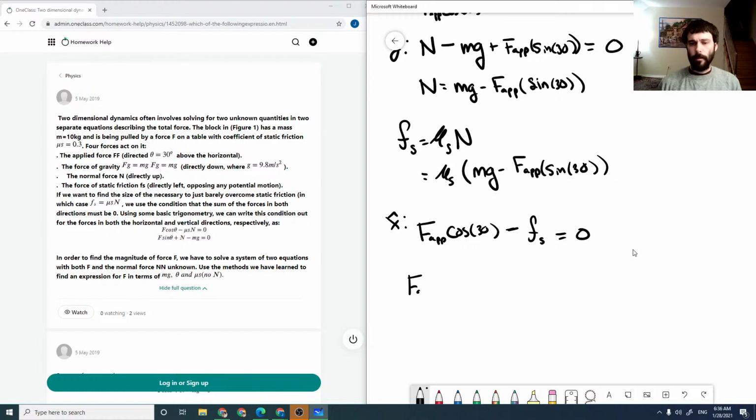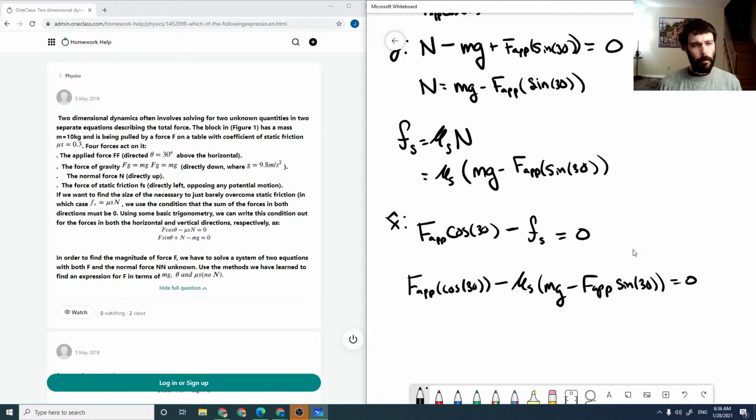So then our applied force cos of 30 minus our static friction equals 0.